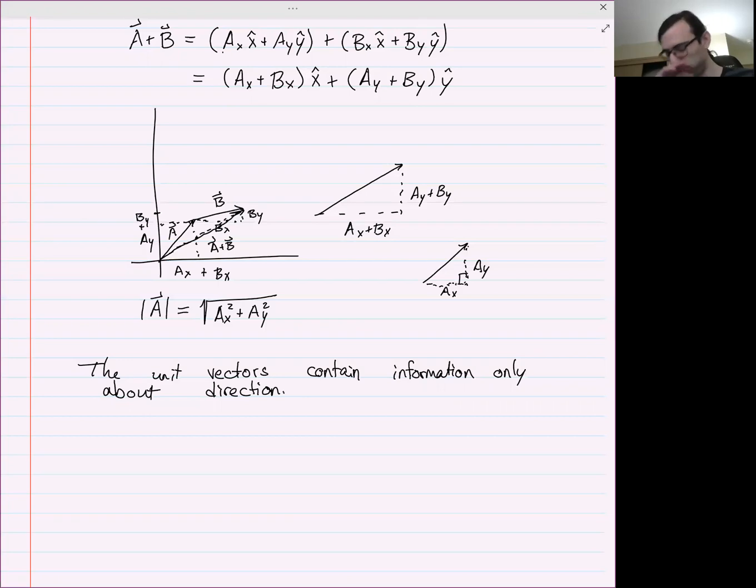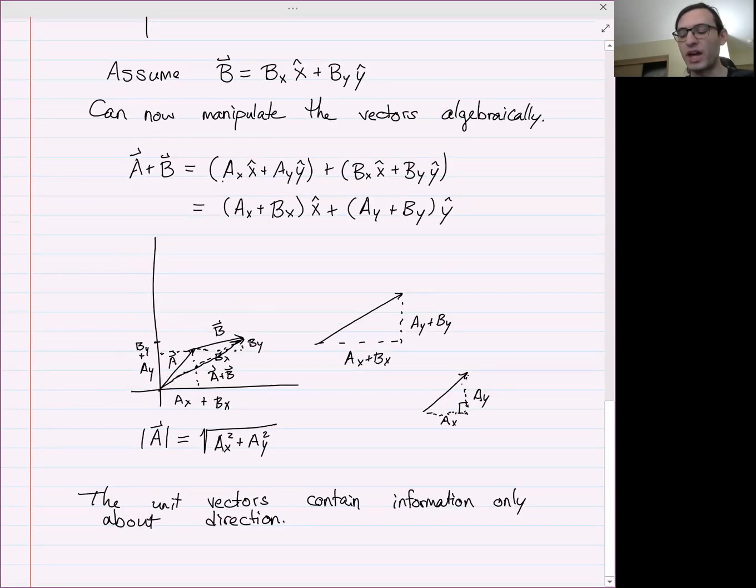They contain information about the direction that a given vector is pointing in. And they tell us what direction we are trying to measure the component of, right? So if we were just given this random vector, if you want to figure out what the components are, you first have to tell me what direction you're measuring the components in.